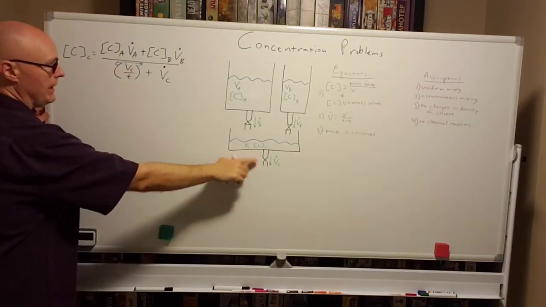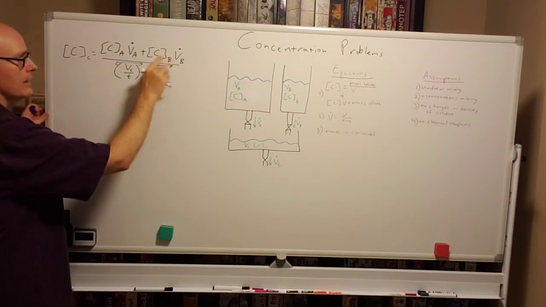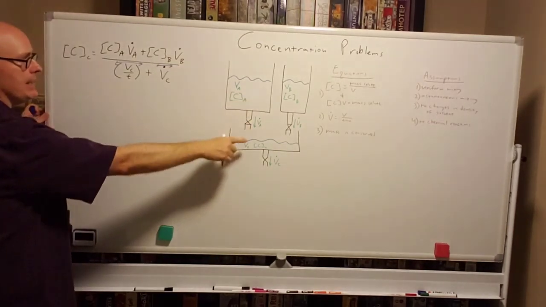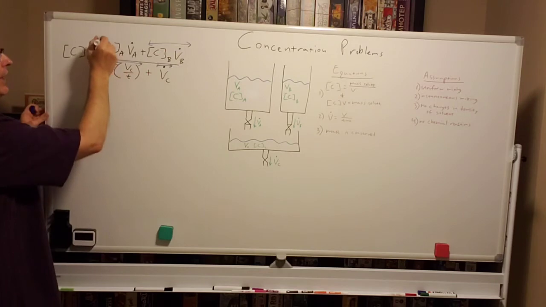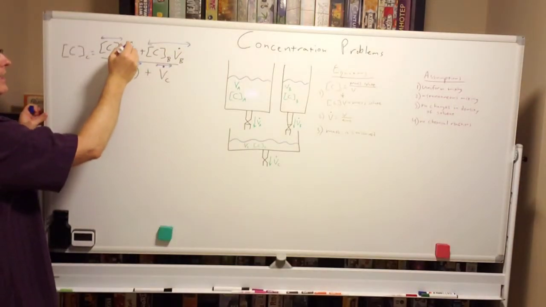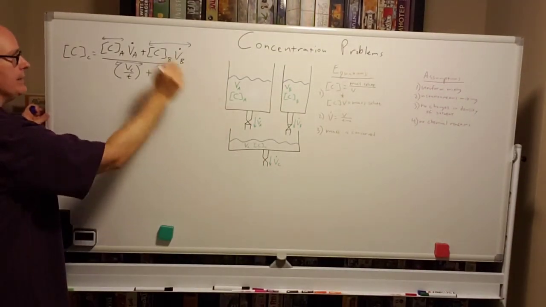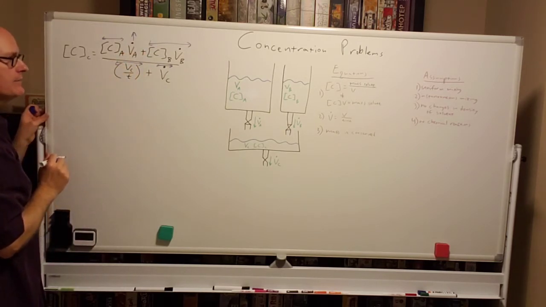The leak rate is constant. The mass flow rate from B into C is constant. The concentration of A is constant. But we now increase the volumetric flow rate of A.